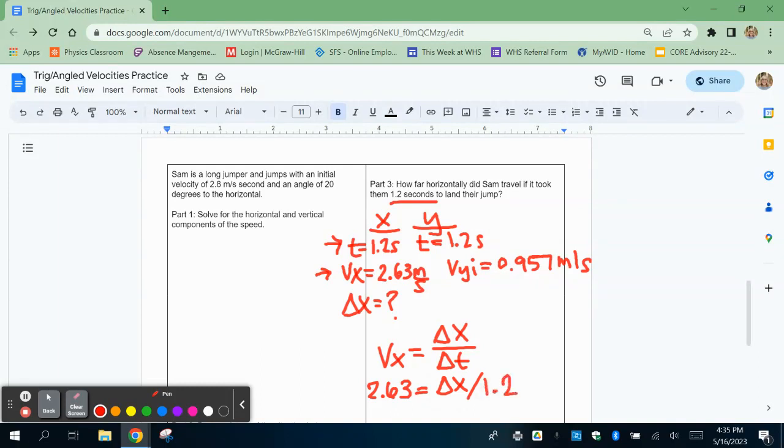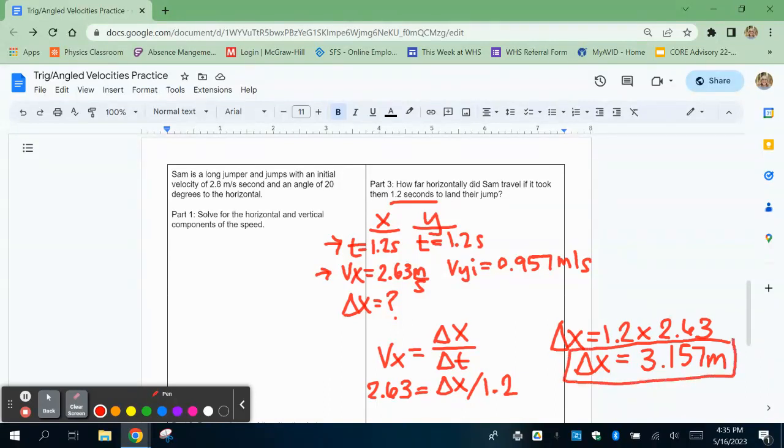I'm going to multiply 1.2 seconds over, so I get delta x equals 1.2 times 2.63, so you get a delta x equal to 3.157 meters. So that is our delta x.